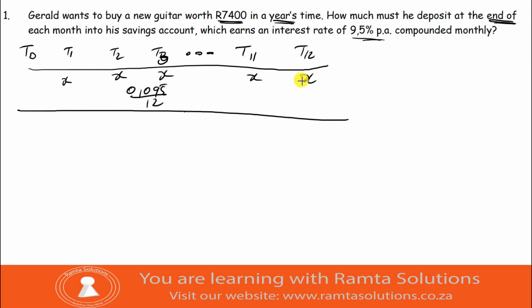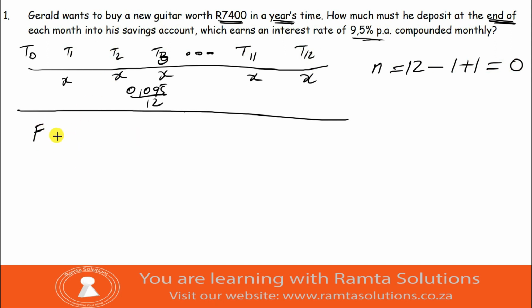So how many installments do we have? Remember, when we calculate the number of installments, the final installment is the 12th installment, while the first is on T1. So it's 12 minus 1 plus 1, and this is equal to 12. They said he deposits a certain amount each month, so this makes it a future value annuity.